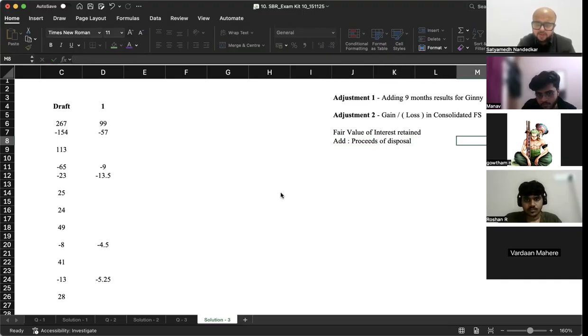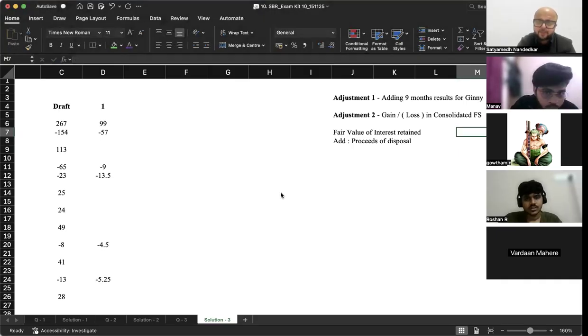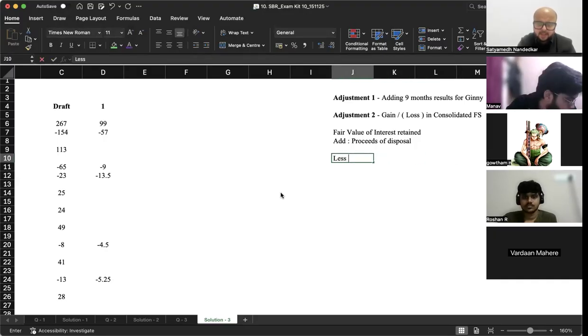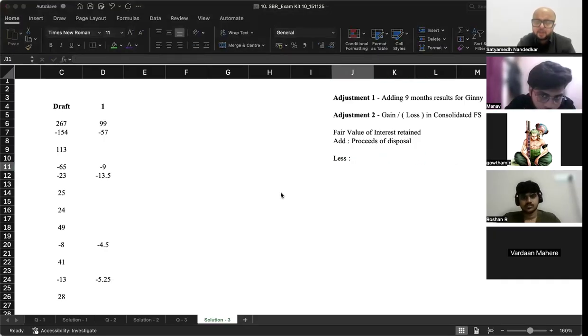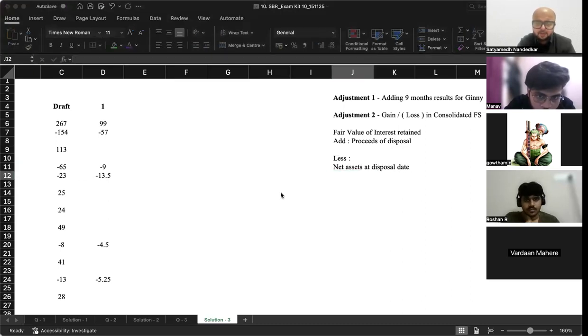I'm going with the numbers that you are giving me. Yes sir, proceeds of disposal is 44, and this was 62. Okay. Less carrying amount of net assets at the date of disposal, 118. Then add goodwill.